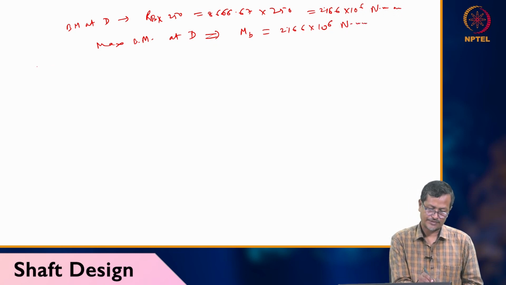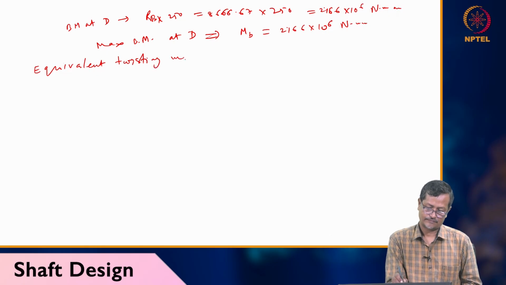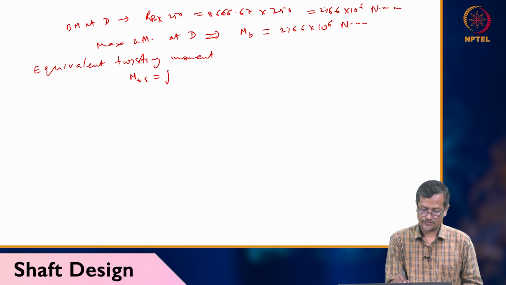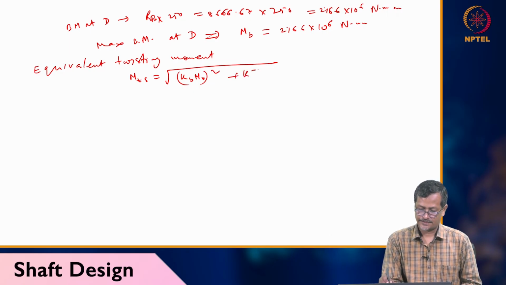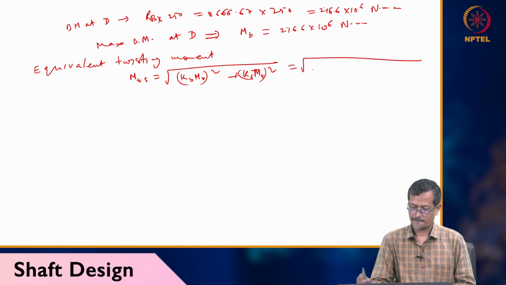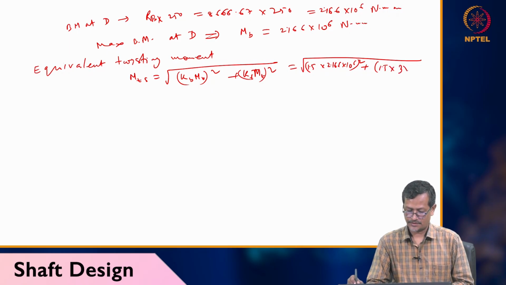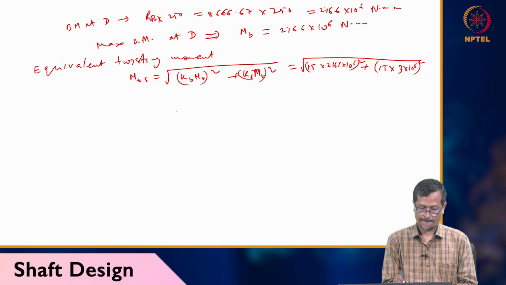So the equivalent twisting moment MTS equals root over KB MB square plus KT MT square, equals root over 1.5 into 2.166 into 10 power 6 square plus 1.5 into 3 into 10 power 6 square.